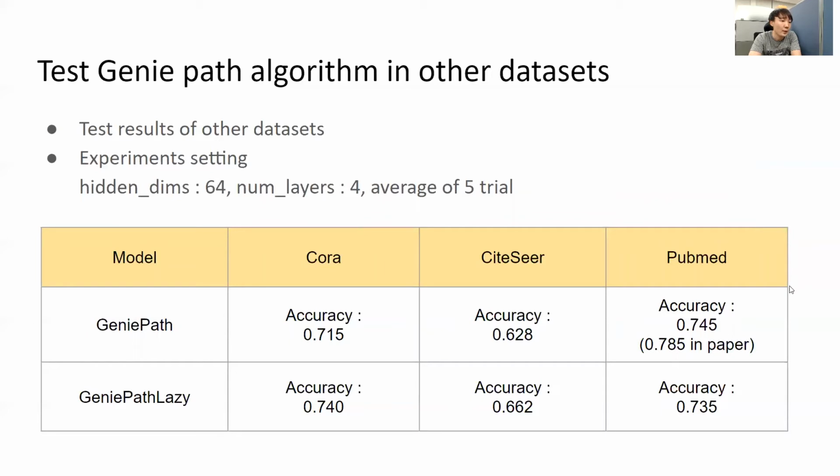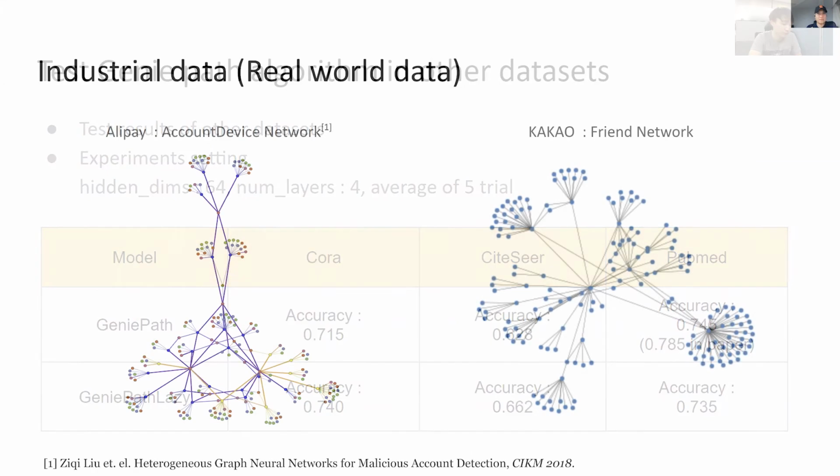However, the PubMed result was about 4% lower than the accuracy mentioned in the paper. So we felt the need to tune the model more precisely later.